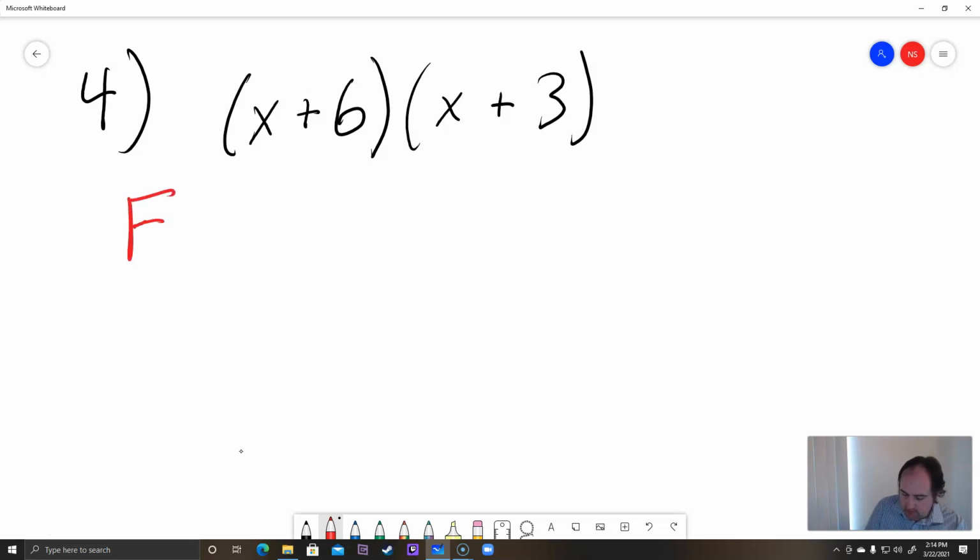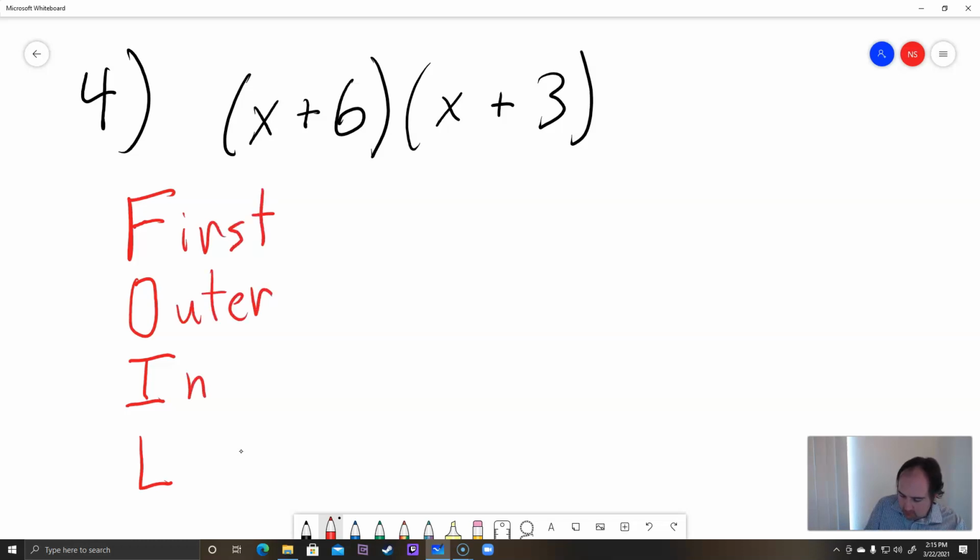Many of you probably already know it, but for those of you who do not, FOIL stands for first, outer, inner, last. And FOIL is basically a shortcut that you can use for multiplying a binomial times a binomial.